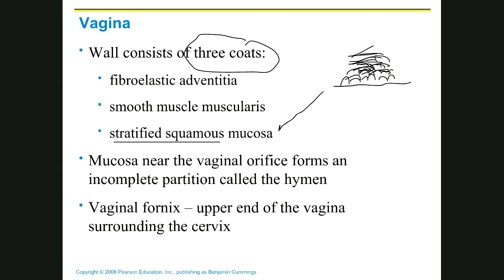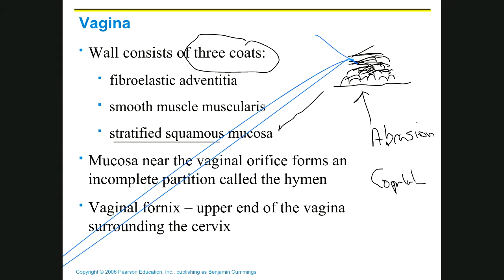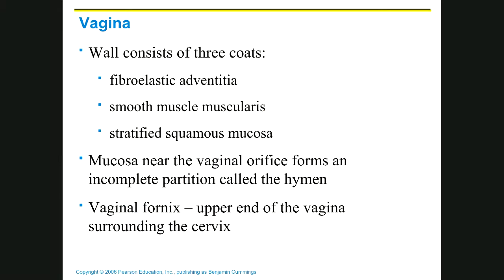So this tissue is adapted for abrasion. It resists abrasion. And abrasion happens during copulation. And so during copulation, some of these layers might get rubbed away. But there's still plenty of layers underneath so that not all of them get rubbed away.